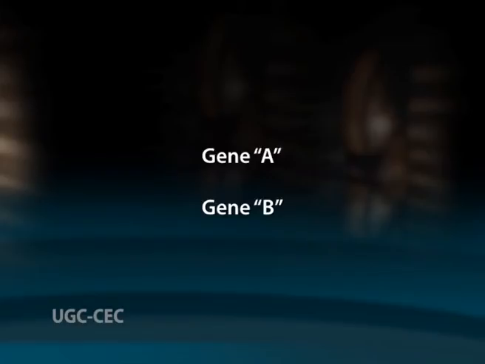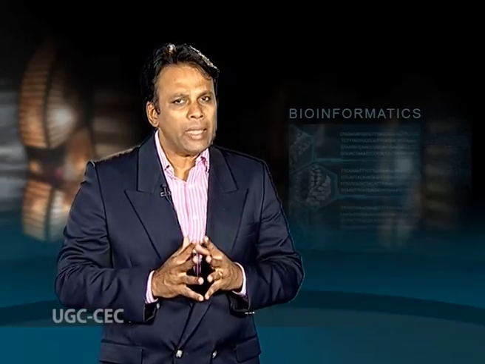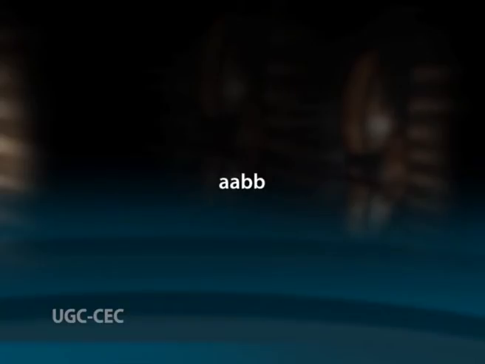In the case of Cucurbita pepo, the fruit shape is controlled by two genes, gene capital A and gene capital B. The disc shaped summer squash has both the dominant alleles capital A and capital B, with a genotype of capital A either with capital A or small a, capital B either with capital B or small b. Elongated summer squash is produced when both genes are in recessive combination, small a, small b.